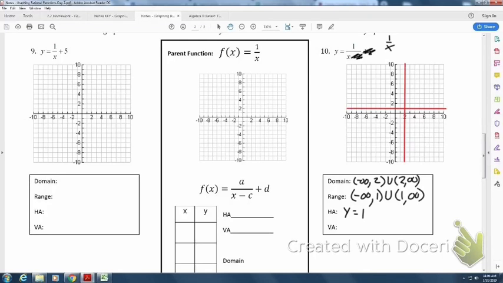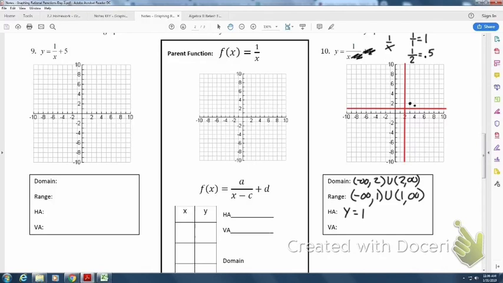Okay, so I've got 1 over x. If I go to the right one, this is my new origin. If I go to the right one, that's what I'm going to put in for x. So, what is 1 over 1? 1. Whatever I put in for x, that's the distance I'm going to the right. Whatever that gives me, 1 over 1 is 1. That's how many units I'm going to go up. So I go right 1, up 1. If I put 2 in for x, I'm going to go right 2. 1 over 2 is 0.5.